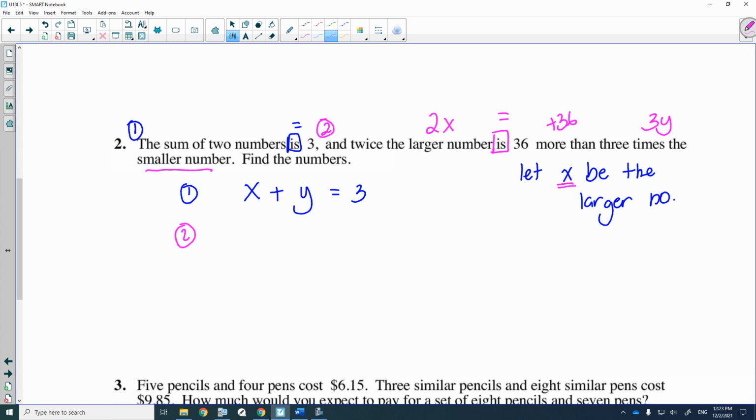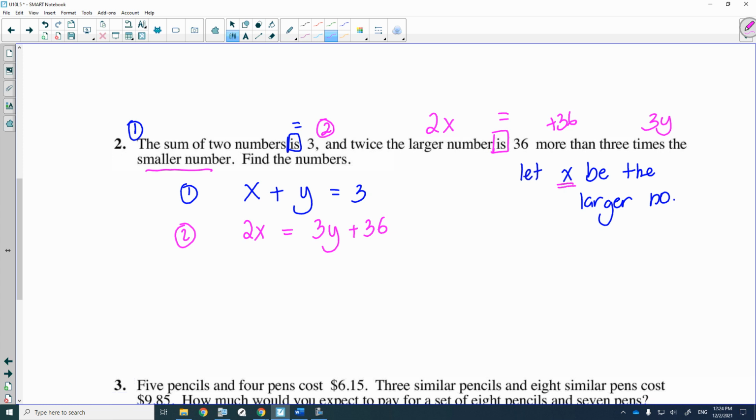So if you write things like this, the system would be as follows. 2x, twice the larger, equals 36 more than 3 times the smaller. 3 times the smaller would be 3y, and we're going to add 36. Now, it's not really set up right now for either.